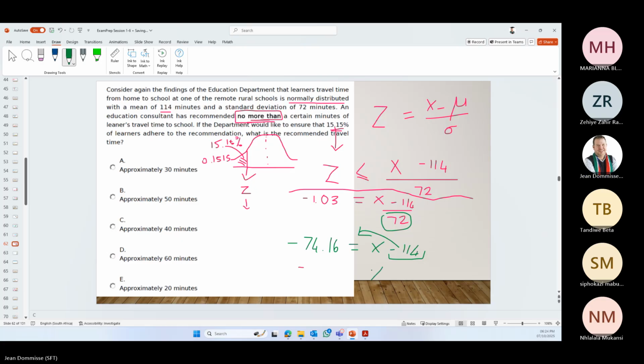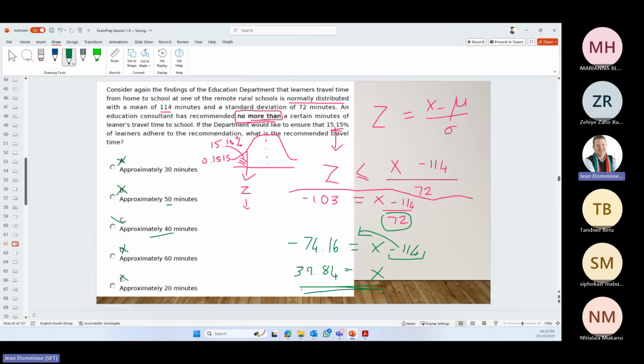So X is equal to 39.84. Okay, so let's just see. It's approximately 30 minutes. No, it's closer to 40. Okay, approximately 40. So the closest is 40, not 60, not 20.